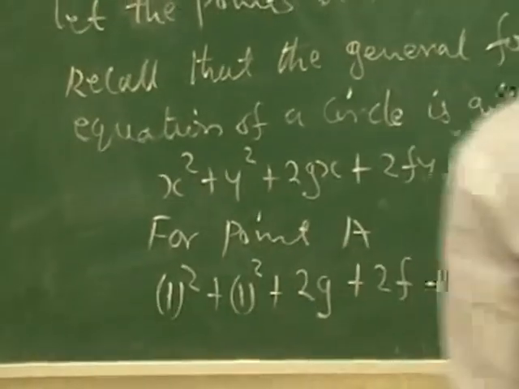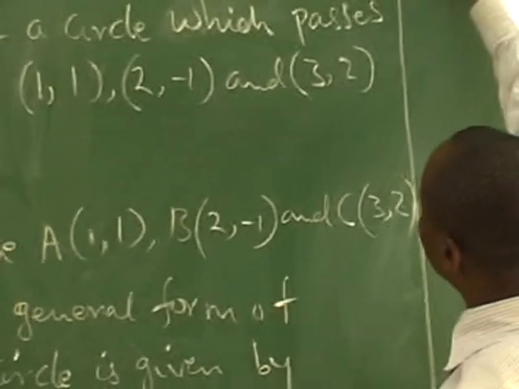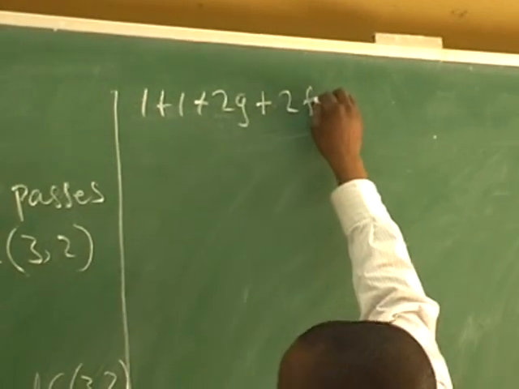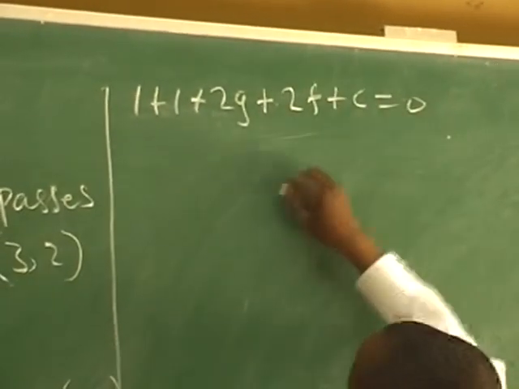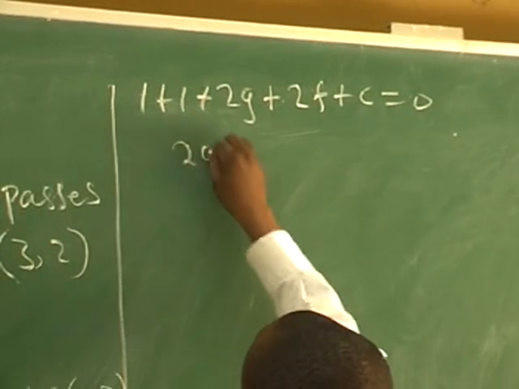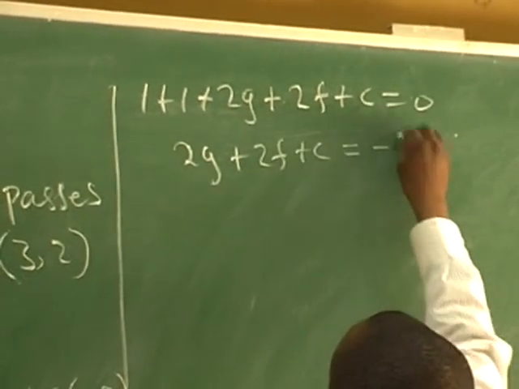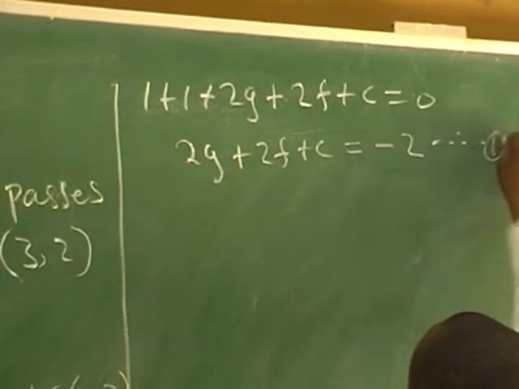That will simplify to 1 plus 1 plus 2g plus 2f plus c equals 0, which means 2g plus 2f plus c will equal minus 2. Call this equation 1.